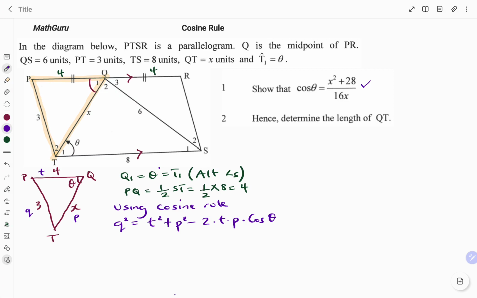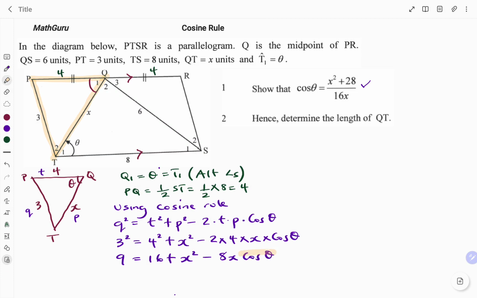Putting in my parameters, q squared, that's 3 squared, equals t squared, t is 4, plus x squared, p is x, minus 2 times t, that's 4, times p, that's x, times cos theta. I have 9 equals 4 squared, which is 16, plus x squared minus 2 times 4, 8x cos theta.